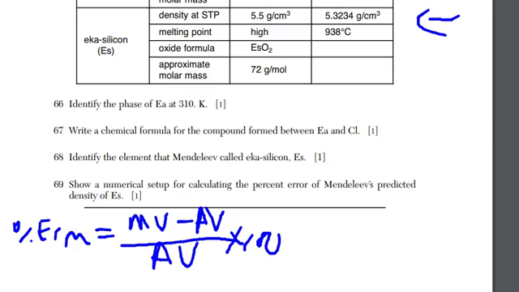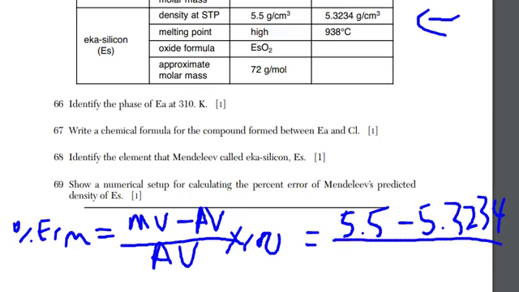So it's 5.5 minus 5.3234, divided by 5.3234, and of course times 100. Don't forget the times 100, even though I can almost not fit it on my screen. That's very important. There is your setup, and that was the answer they were looking for.